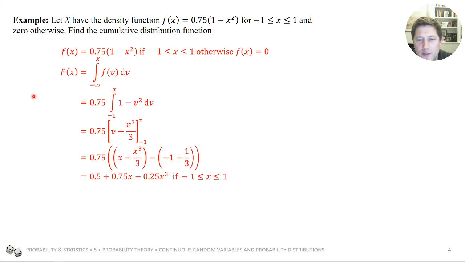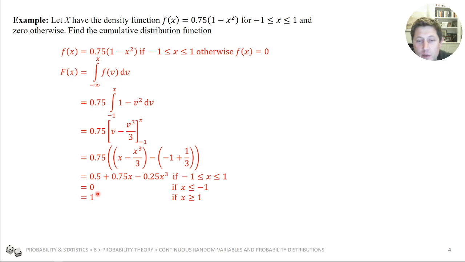And then we can just simplify that, and we get this expression for the cumulative distribution, 0.5 plus 0.75x minus 0.25x cubed. And that's true within the interval that x is greater than minus 1 and less than 1. If we're not in that interval, we have to define it separately. So if x is less than minus 1, the cumulative distribution function is 0. And if x is greater than 1, the cumulative distribution function is equal to 1.